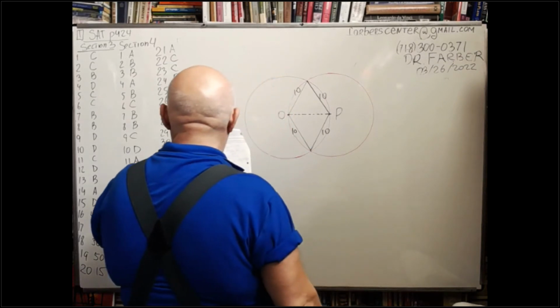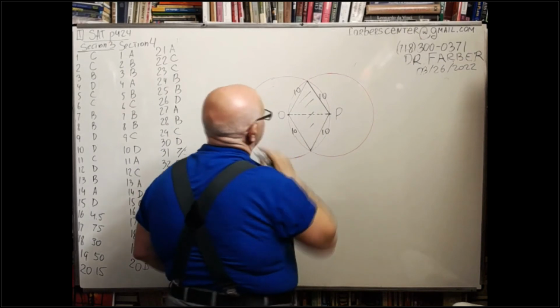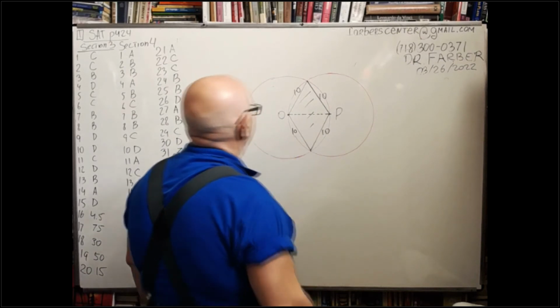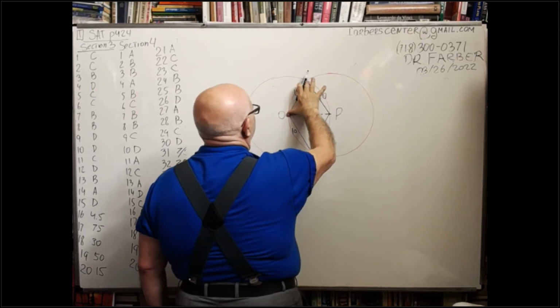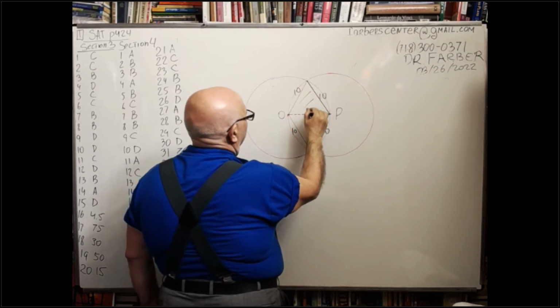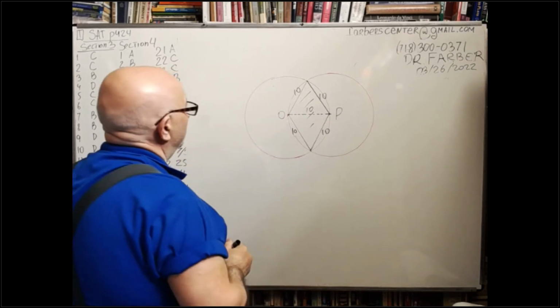We need the area of the shaded region, and this is the shaded region. You can easily see if we go from point O to P, this radius is 10, this is also 10. So we have two equilateral triangles.